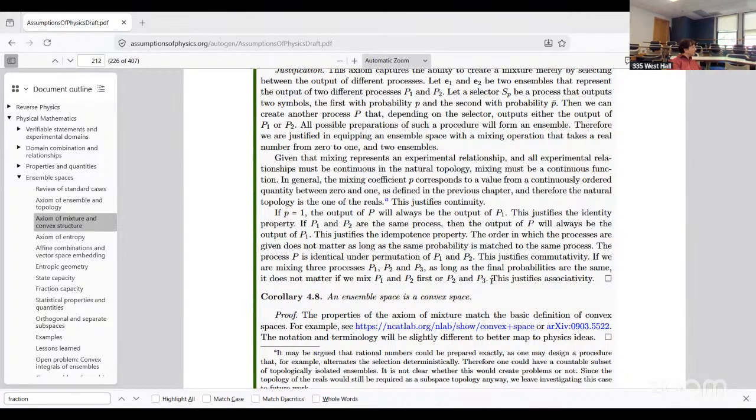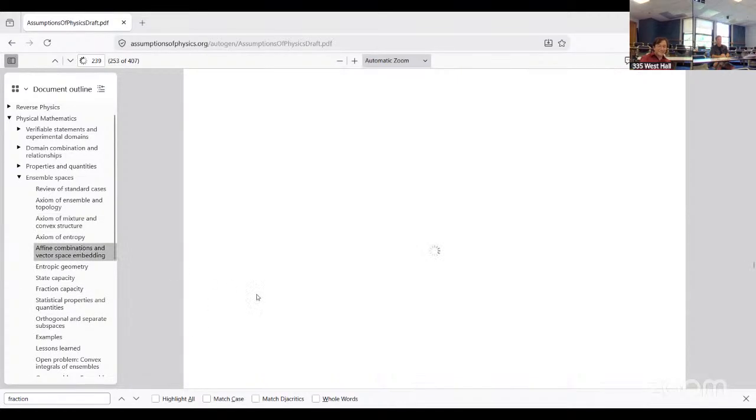Yeah, because you are mixing with the same coefficient with respect to any other P, no? Right, but the point is that you're assuming that the mixture operator does not hide the information from you. Because you're saying I can go back, and what does it tell me that has to be the case? It's interesting that the entropy forces this, right? Yeah, and I can show you how. That is really cool.